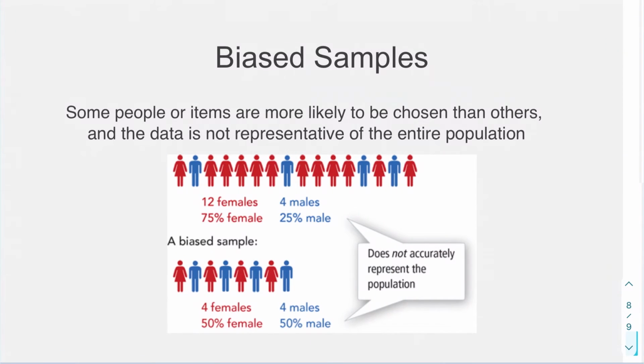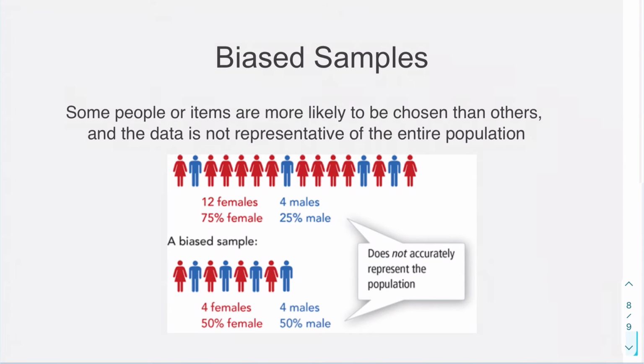However, when some people or items are more likely to be chosen than others, then the data is not representative of the entire population, and that's what we call a biased sample. For example, let's look at the picture here. The population has 8 more females than males, but in the sample, you only have 4 females with 4 males.